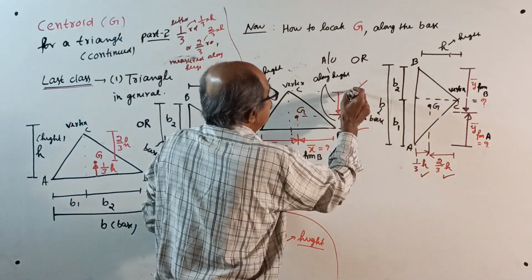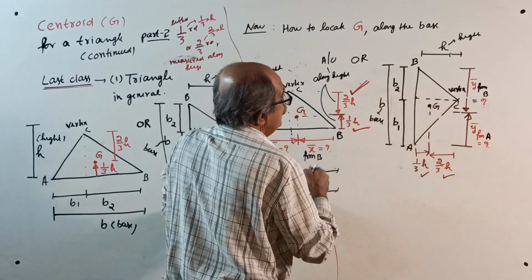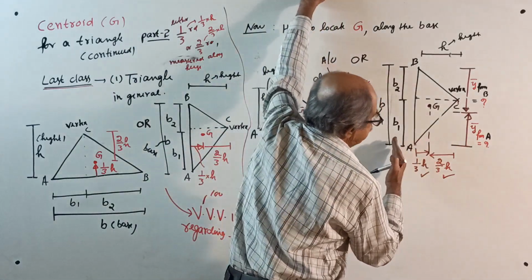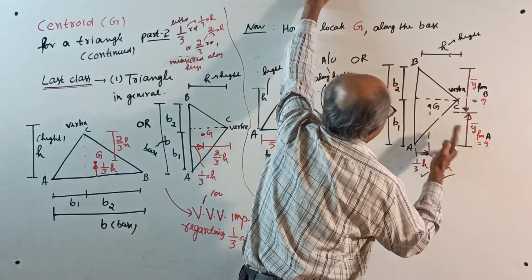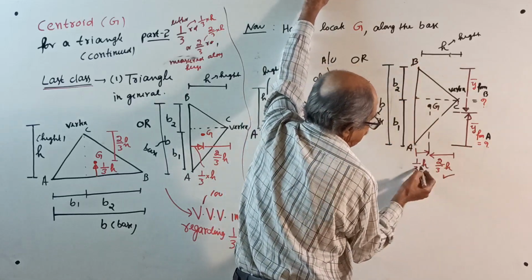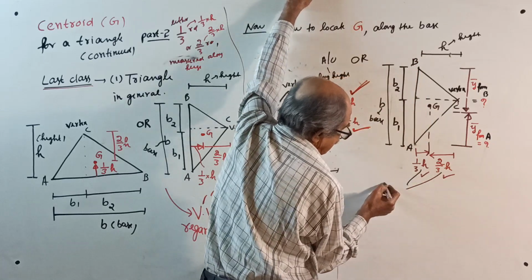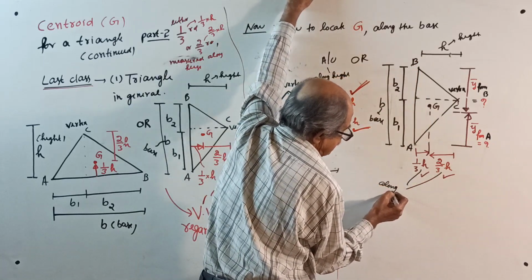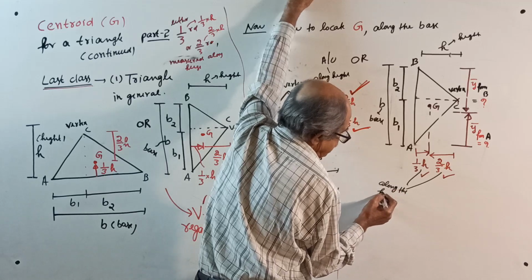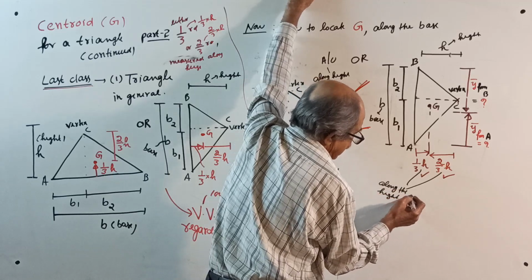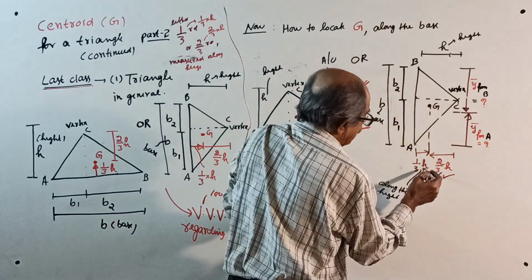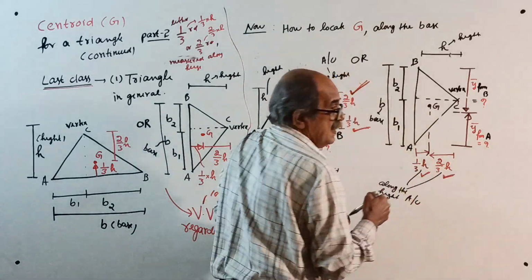So I put a right mark here. See this distance, this is the base, this is the height. So these two are along the height. Already over, that's why don't bother now.